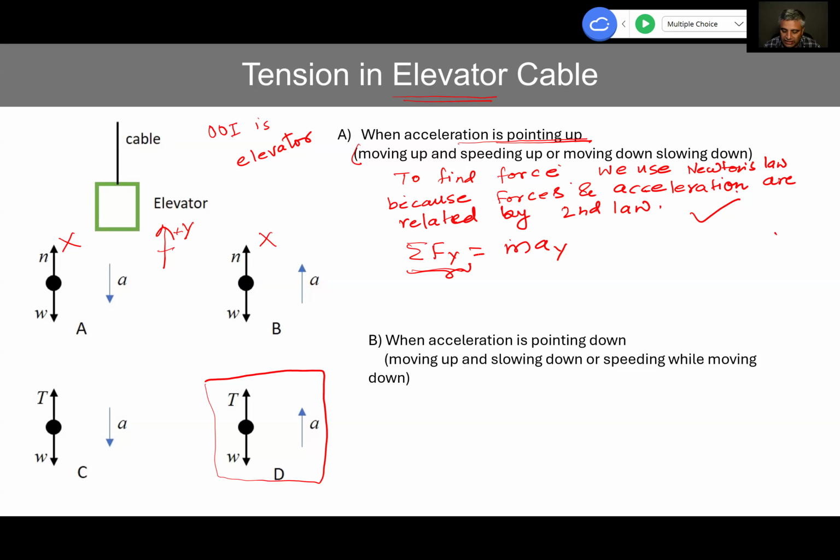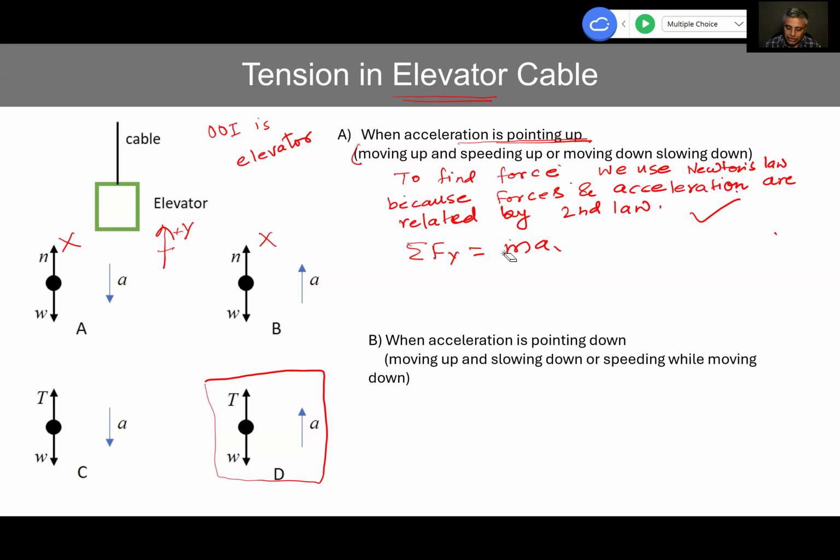The sum of the forces along the y direction is equal to mass times acceleration in that direction. Forces are vectors, so when we write them in the equation, we have to write the positive and negative signs properly. Acceleration is also a vector, so we have to make sure we are writing the positive or negative sign for the direction.